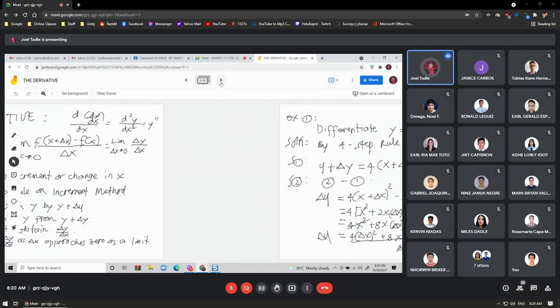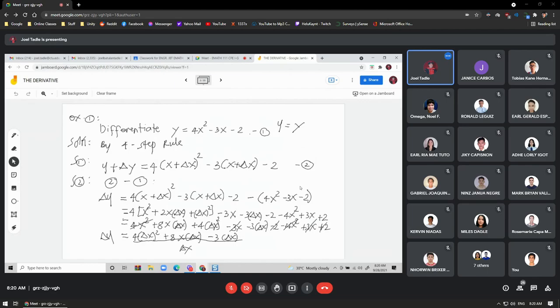So example number 1, differentiate y equals 4x squared minus 3x minus 2. Using the four-step rule, our step number 1 is to replace y plus delta y for y and x plus delta x for x.